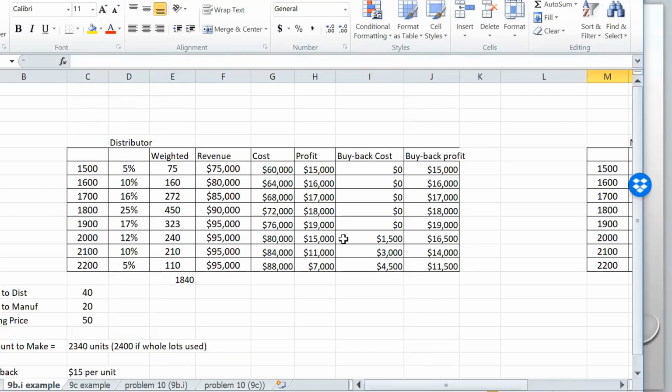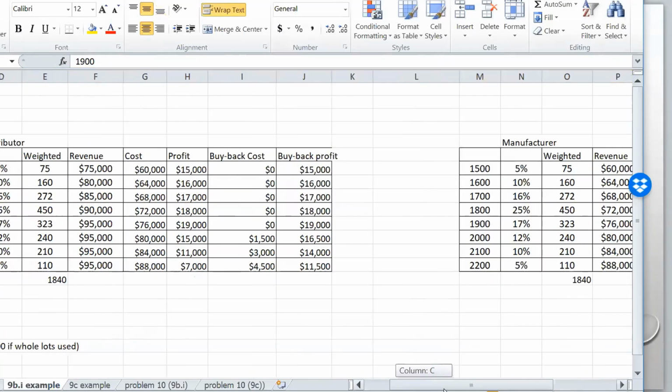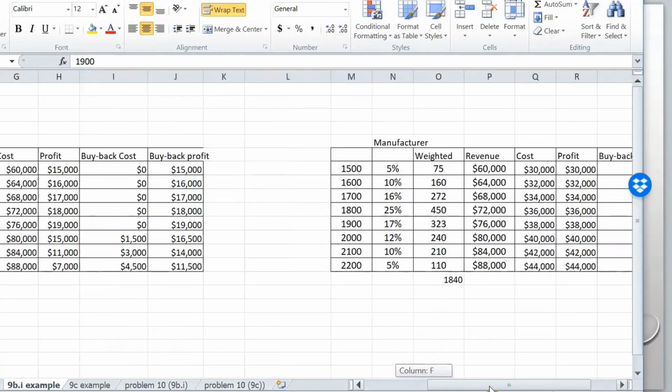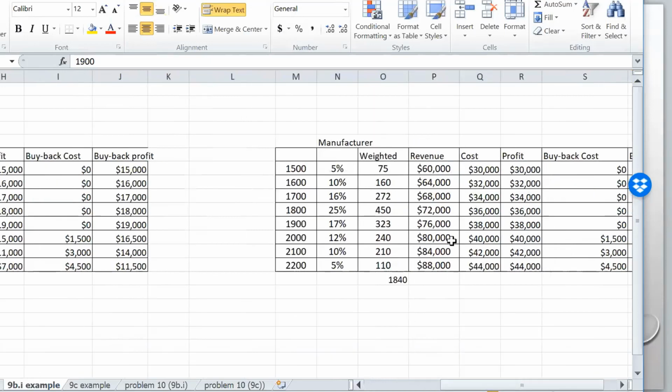Like, for instance, in this here, the profit for the distributor maxes out at 19,000. So the distributor is going to be incentivized to have 1,900 things on supply. Okay, so they're going to order 1,900.